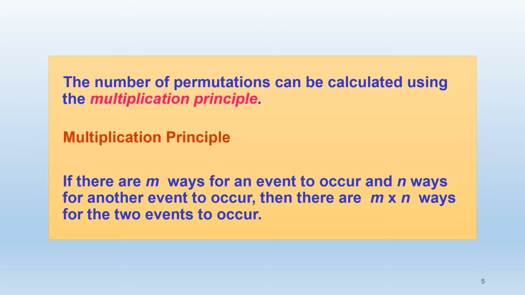Maksudnya dekat sini, if you have two events, dua kejadian, dan setiap satunya ada number of way untuk berlaku. Satu m ways, the other one is n different ways. So the total, you will need to multiply these two, m multiply with n. Kena darab dua-dua ni.